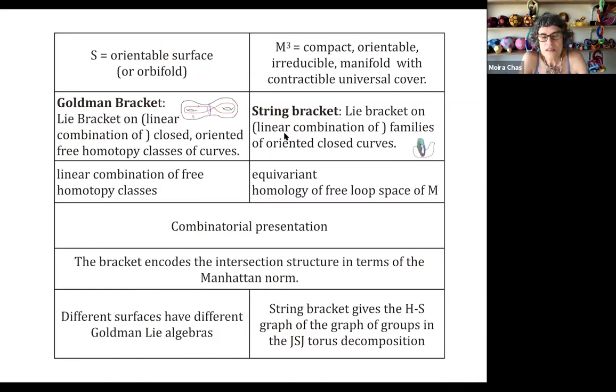It turns out that there's something similar with the string bracket, and I have another collaborator in India with whom we are finishing this, hopefully at some point. We've been finishing for a lot of years, but I think we are almost done. The string bracket can tell you things about the three-manifold. In other words, if you know the string bracket, you know something about the three-manifold.